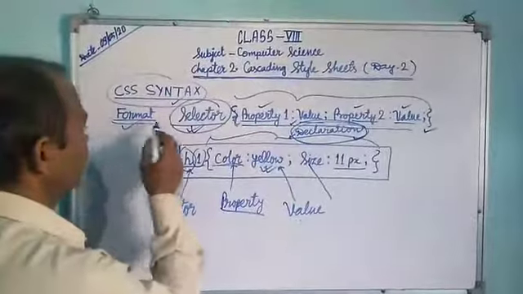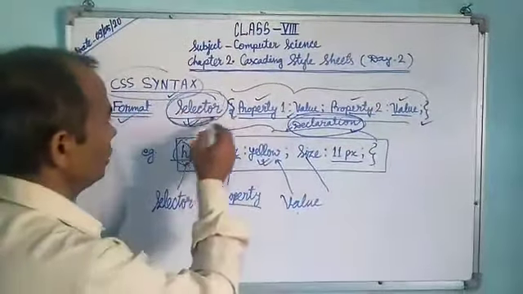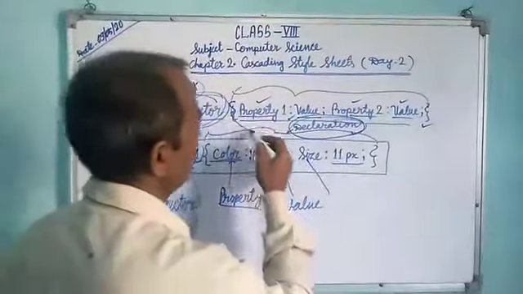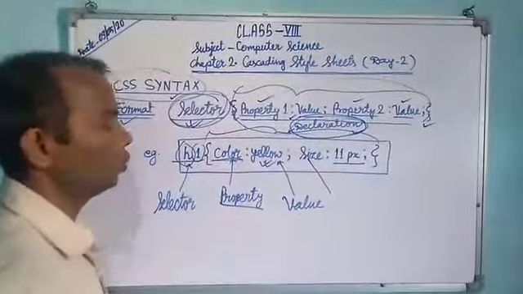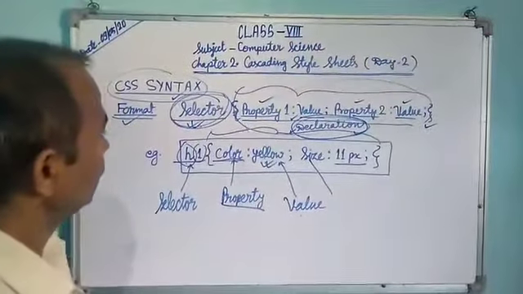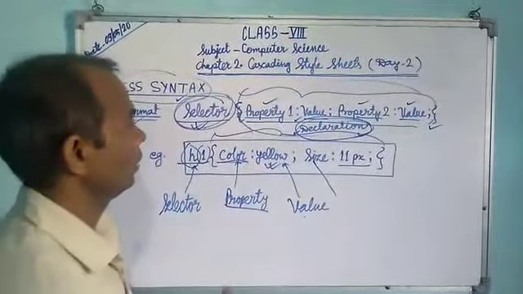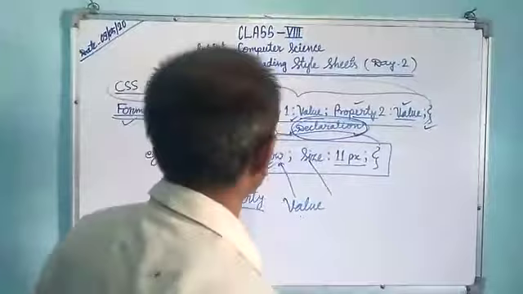So this is its general format. The selector is able to identify the elements in the HTML documents. The declaration is giving its complete details.